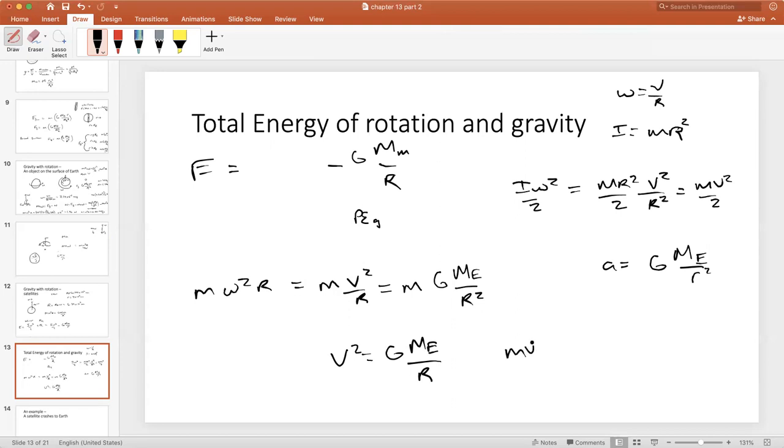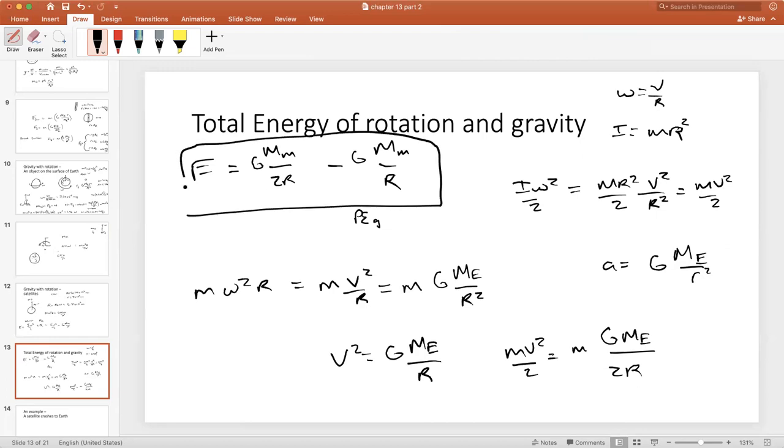So m v squared over 2, our kinetic energy, is little m times G times M of the Earth over 2r. Multiply the bottom by a half. So we see that this becomes G M m over 2r. I'm going to put this on its own slide.